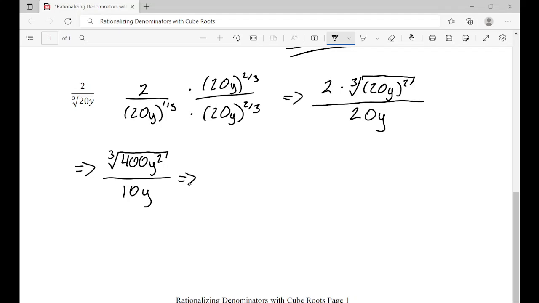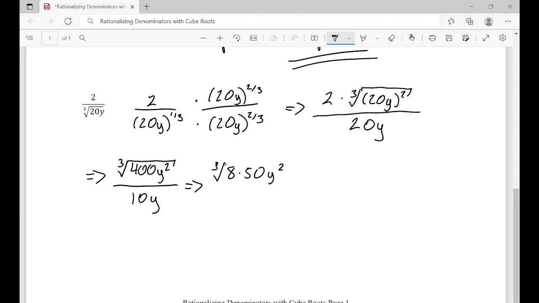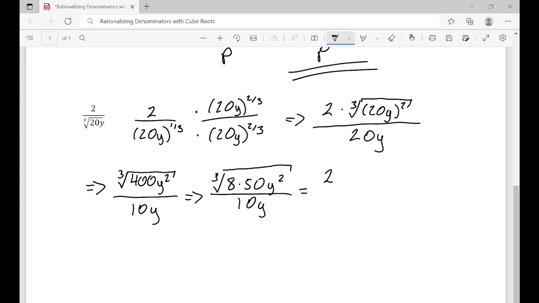400 can be broken down to the cube root of 8 times 50y squared over 10y. And so the cube root of 8 is going to give me 2. And then I can rewrite the rest as is.